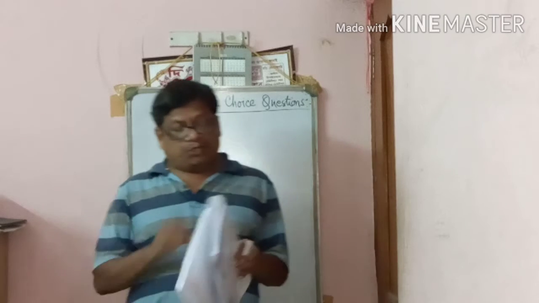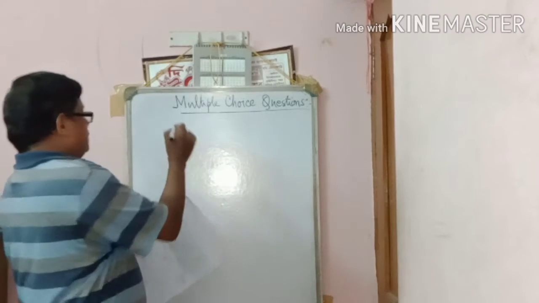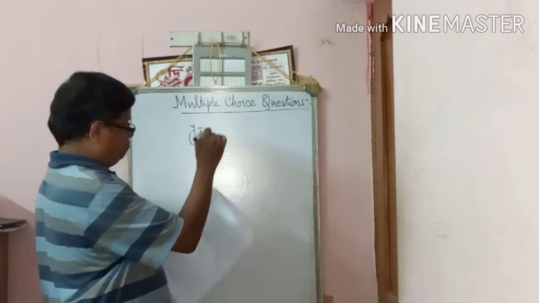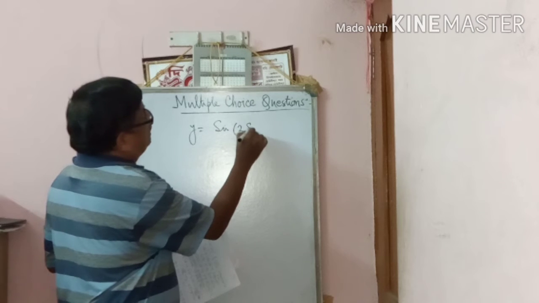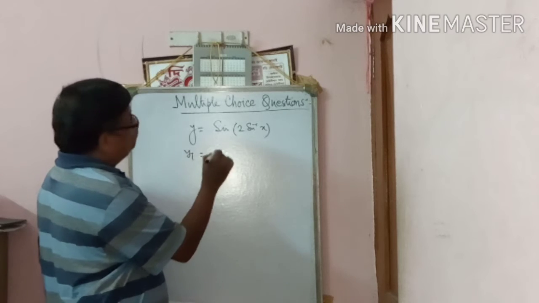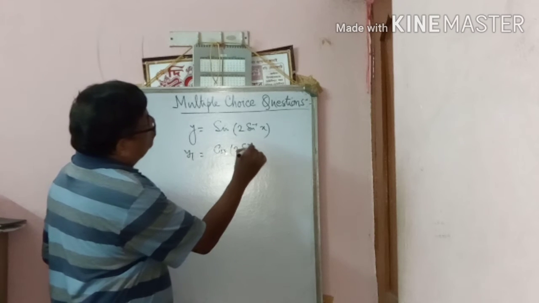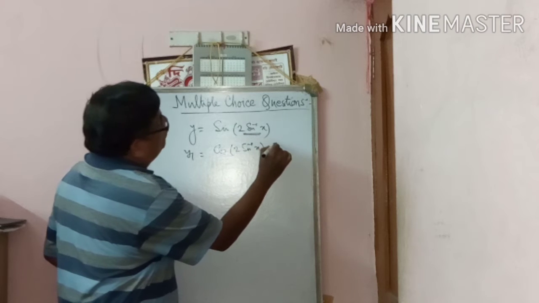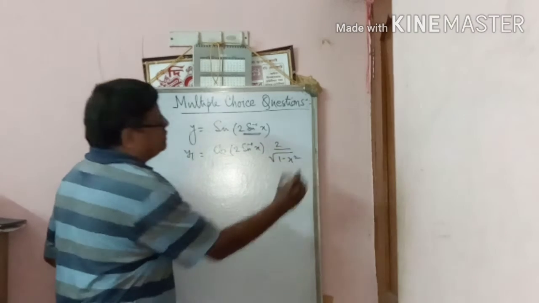Now next question. See, here is given y equal to sine of 2 sine inverse x, then 1 minus x square y2 minus x y1 plus k y equal to 0. Then what is the value of k? All of you know y1 equal to cos of 2 sin inverse x, d dx of this will be 2 by root 1 minus x square.